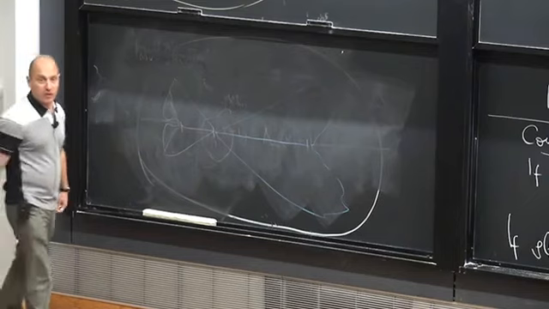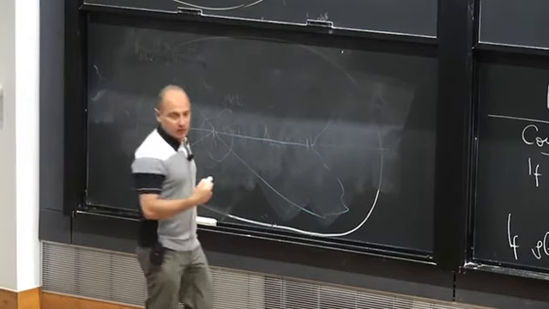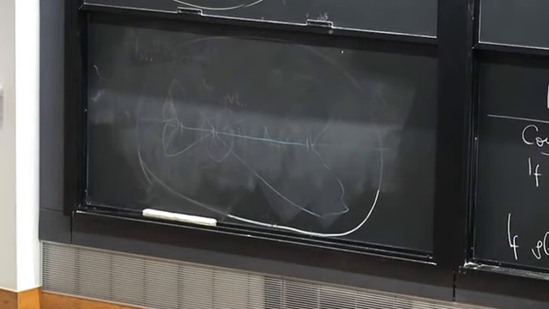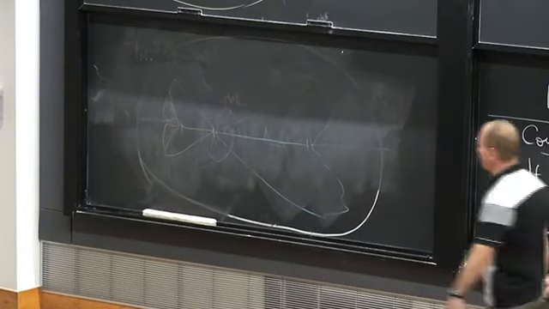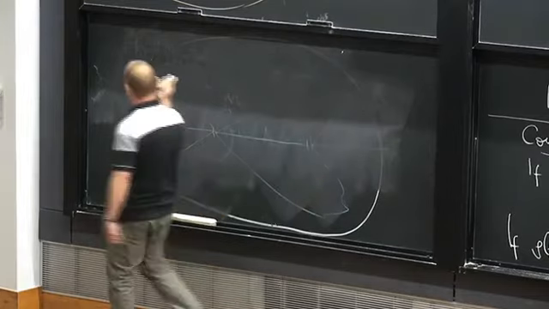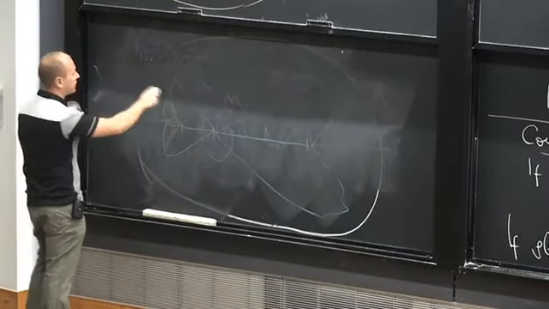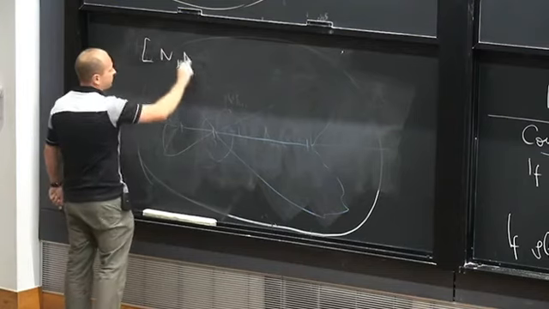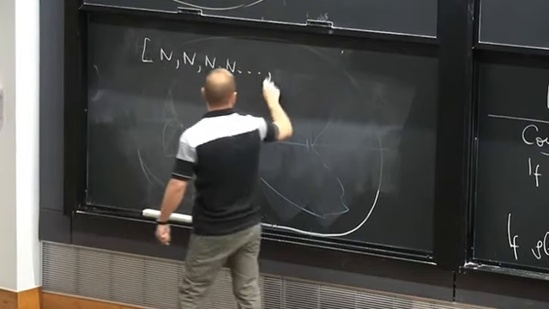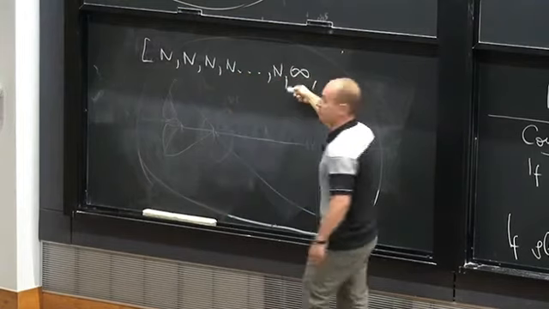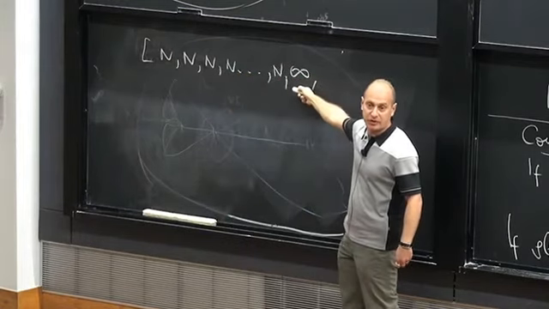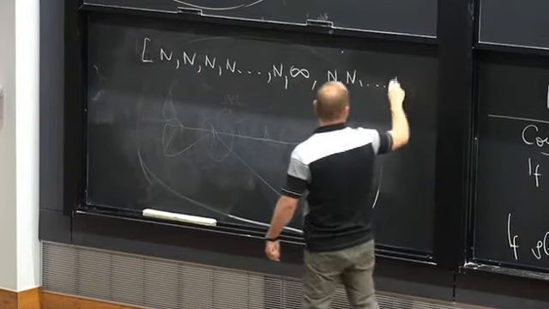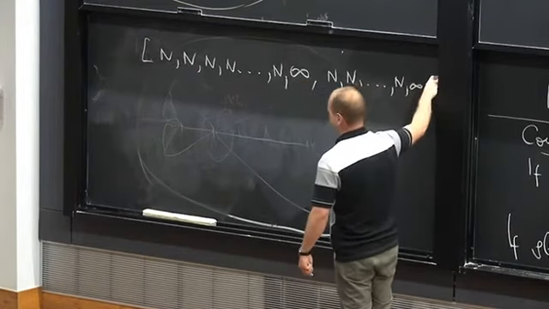Okay, so the idea of the program was to create Julia sets of positive measure corresponding to Cremer points whose continued fractions look like very lacunary sequences. So you fix some n, you have a lot of n's, and then you insert infinity, which just means you insert, say, some huge number here as needed, and then again n, and a lot of them, and then again infinity, and so on.